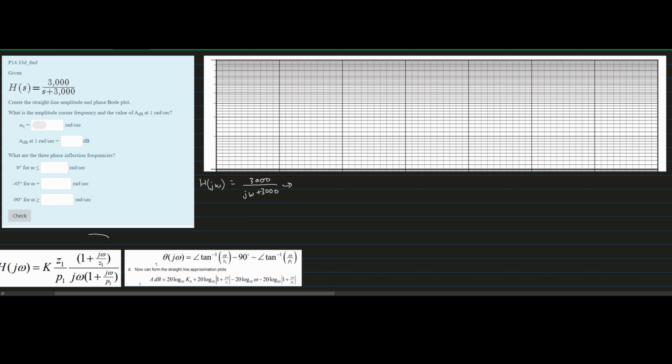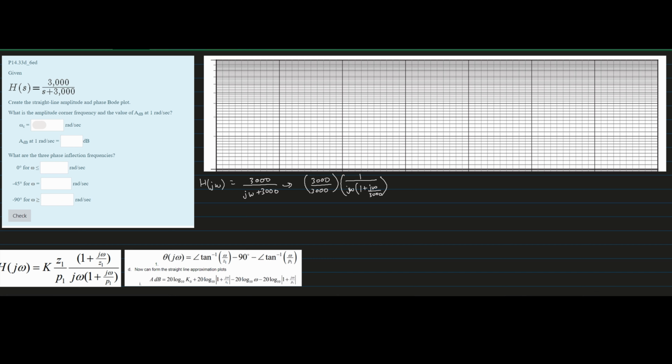Now we want to write this similar to this right here. So what we need to have out here is our K z1 over p1. That's going to leave us with 3000 over 3000, and then we multiply this by 1 over jω, because we're going to take that out. And then we're just going to have 1 plus jω over p1, which is 3000.